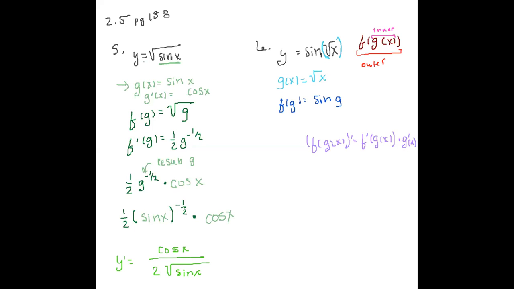We do the same type of thing over here. Here we have f prime of g is equal to cos g, something that we decided in question 5. And we know that g prime of x is equal to 1/2 x to the negative 1/2. So we would set it up in the exact same way. We would say we have cos g times 1/2 x to the negative half.